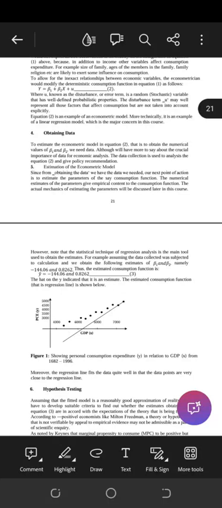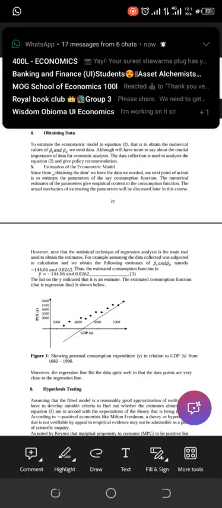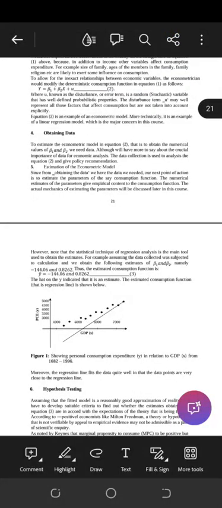Here, y is serving as the consumption variable, x is serving as the income, and u is the error term or the random term or the stochastic term or the disturbance term. Where u is known as the disturbance or error term or random stochastic variable that has well-defined probabilistic properties. The disturbance term may well represent all those factors that affect consumption but are not taken into account explicitly.